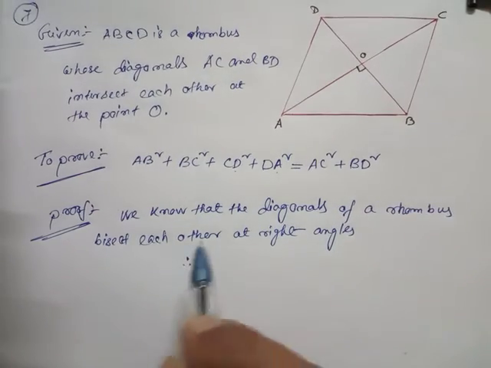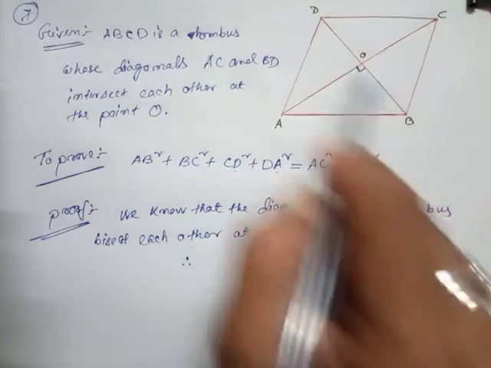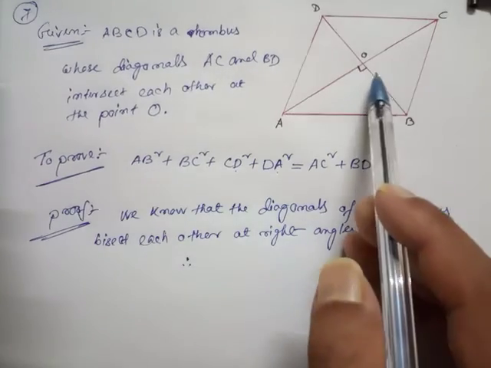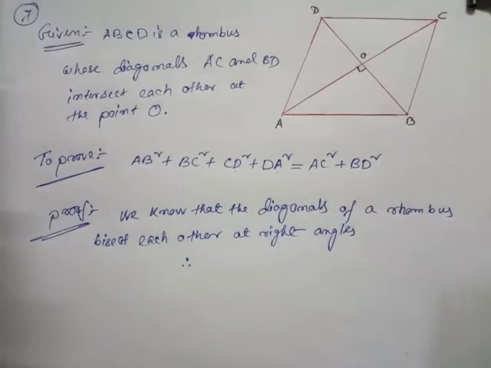Therefore students, we can say that diagonals of a rhombus bisect each other at right angles. This is a theorem actually.